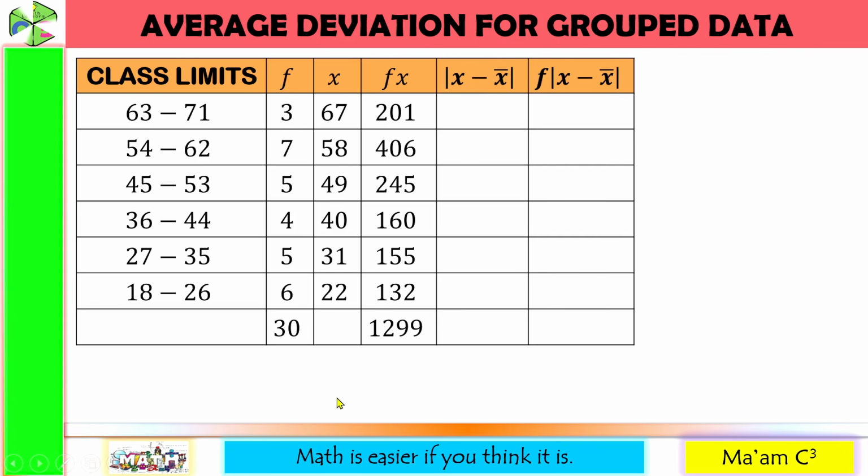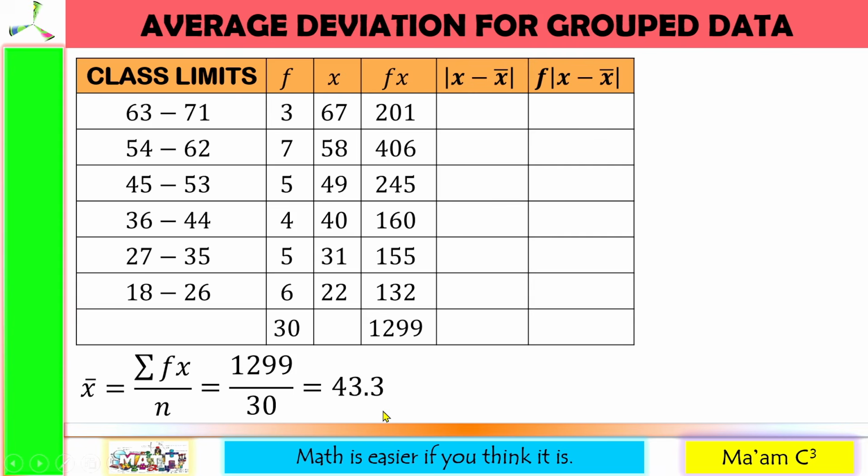And it has a formula of the summation of fx divided by n. We already have the summation of fx, that would be 1,299. And our n is equal to 30. 1,299 divided by 30 is 43.3. Let us start with the first row.